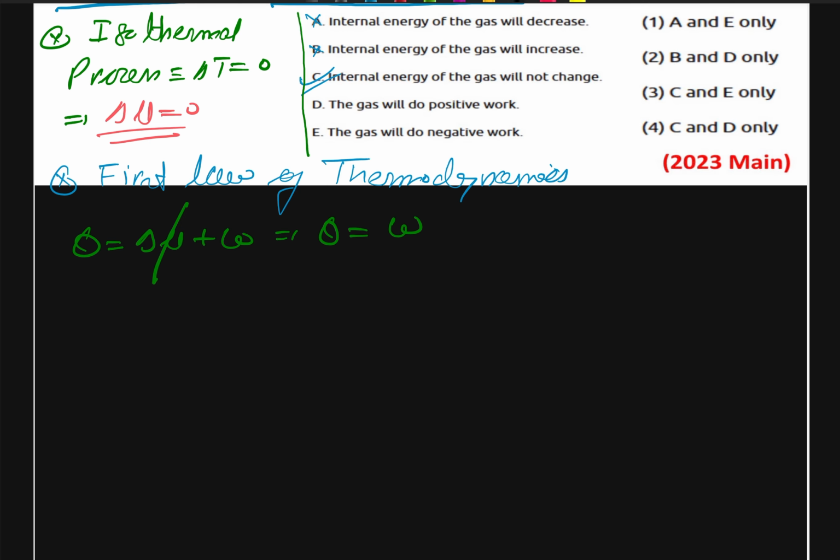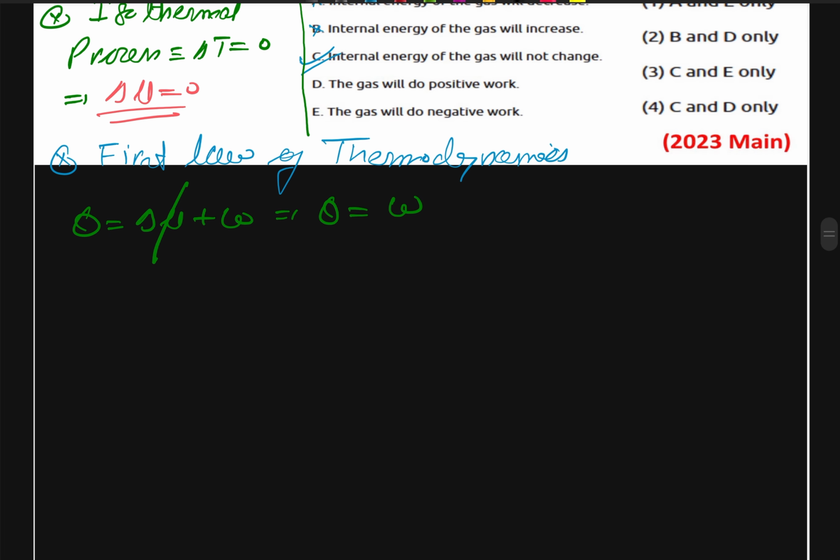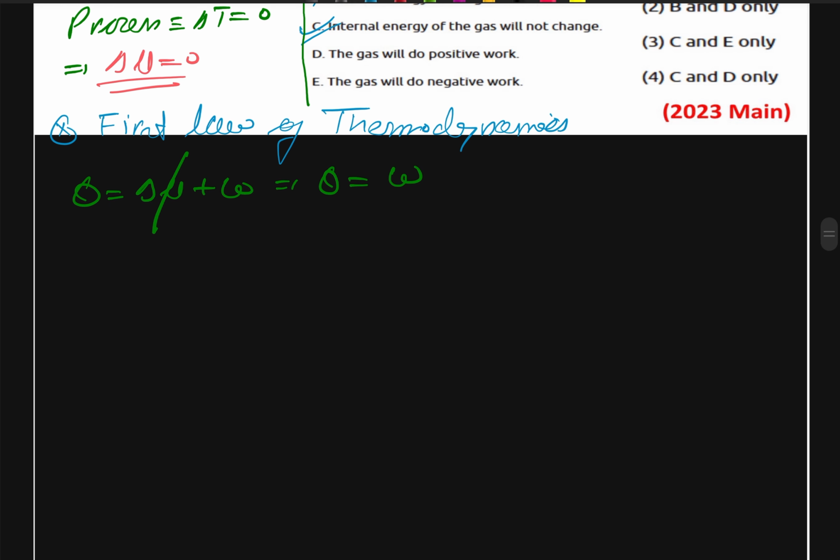And since heat is supplied, we are given that Q is greater than 0, which is positive, so work done will also be greater than 0.